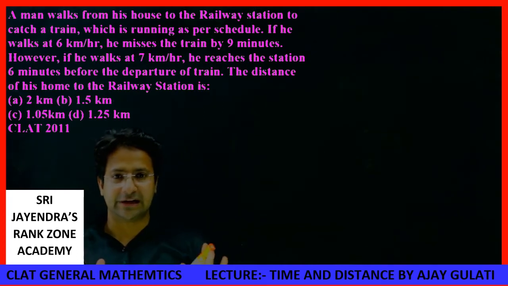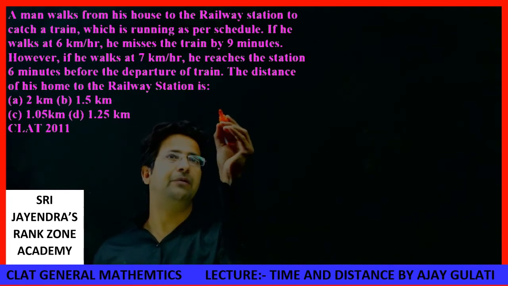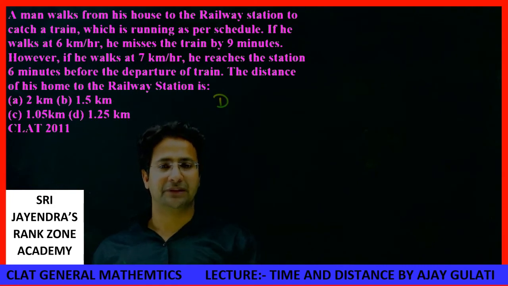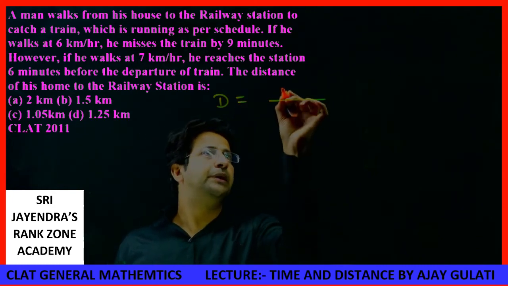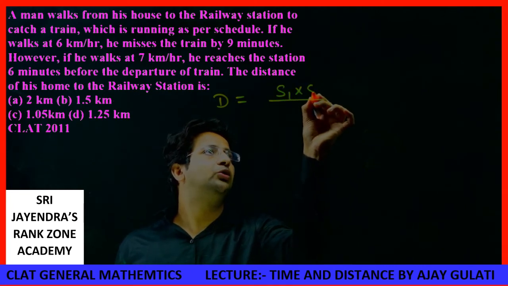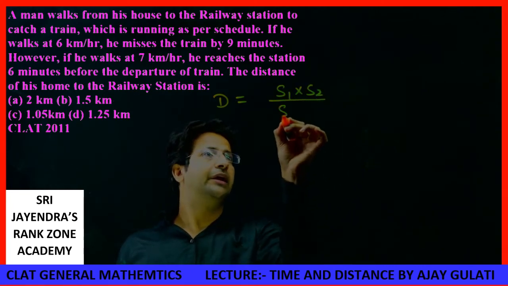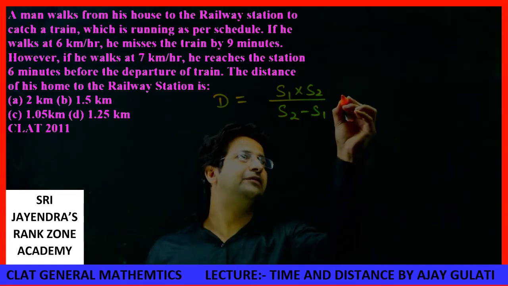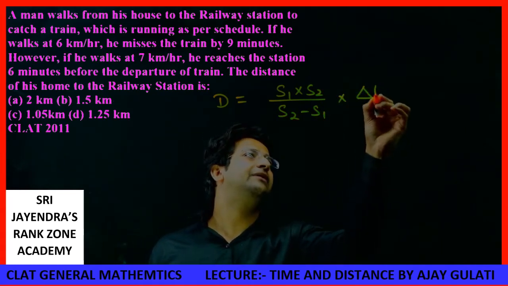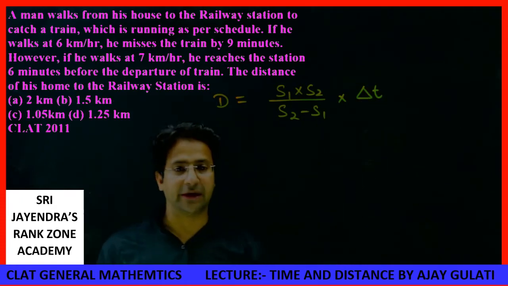Now students, the direct shortcut for this type of question: what is the distance? The distance is always speed 1 into speed 2 divided by the difference of speeds, into delta t. Delta t means change in time, or we can say t2 minus t1.